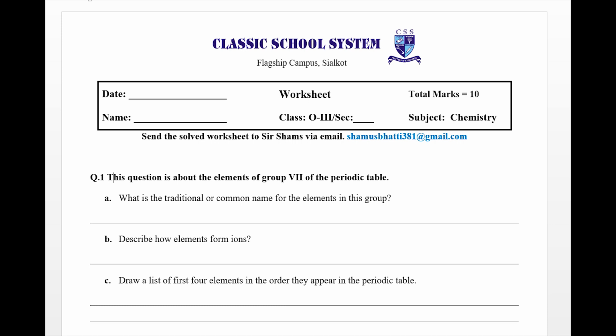You are provided with the email of the teacher, and what you have to do is attach this worksheet in the email and send directly to your teacher. The teacher will receive it and mark this worksheet and reply to your email with your marks in that worksheet, and these marks will be recorded in the school as your daily activity and work details.